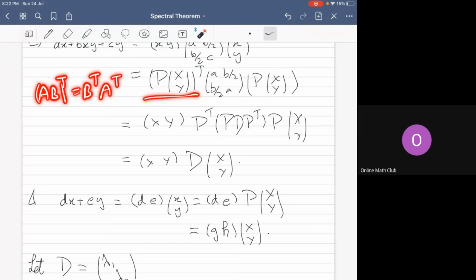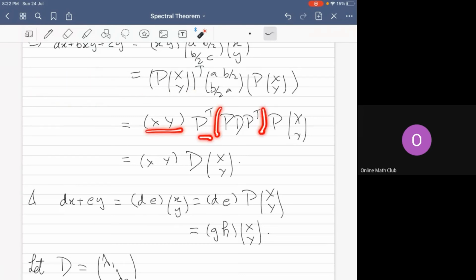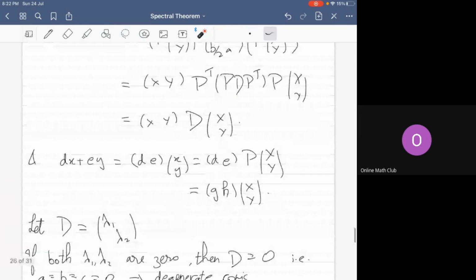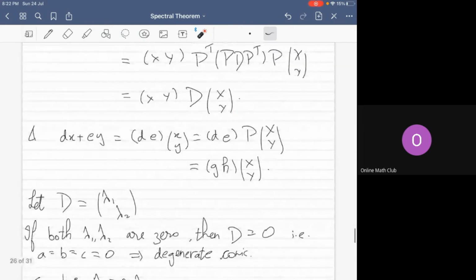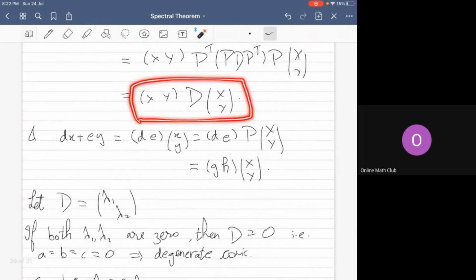So this becomes X Y P transpose, and then we diagonalize this matrix, then P X Y, and because P is orthogonal, P transpose P is identity. So these two and these two terms are identity. So we are left with this. And this is exactly what we wanted.